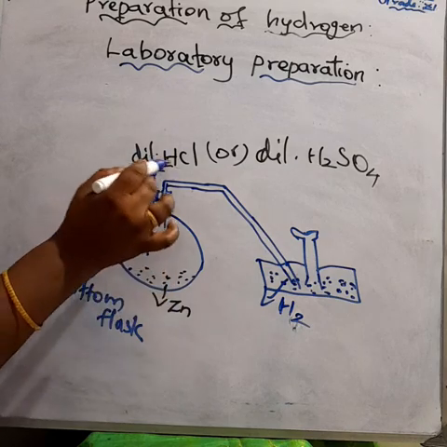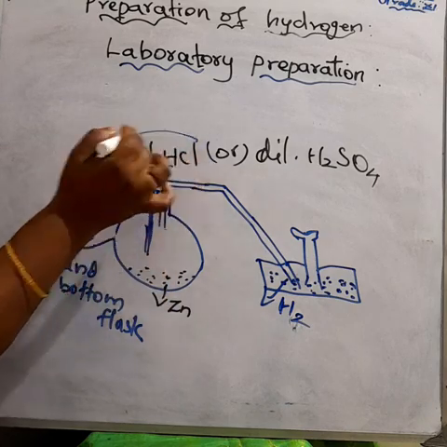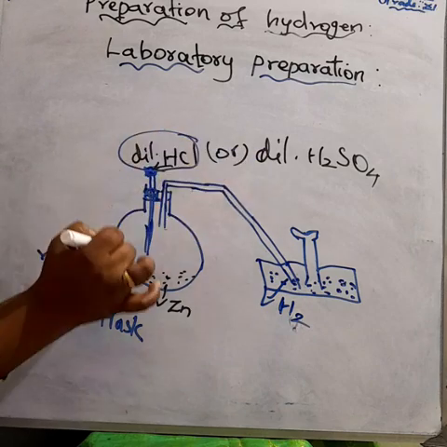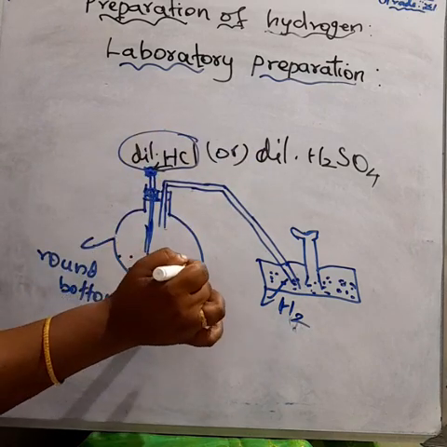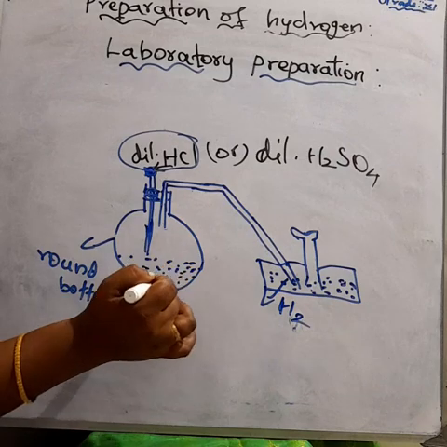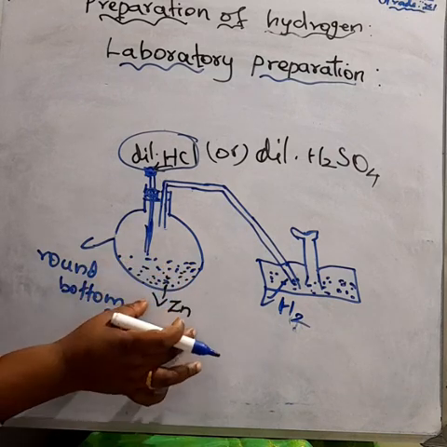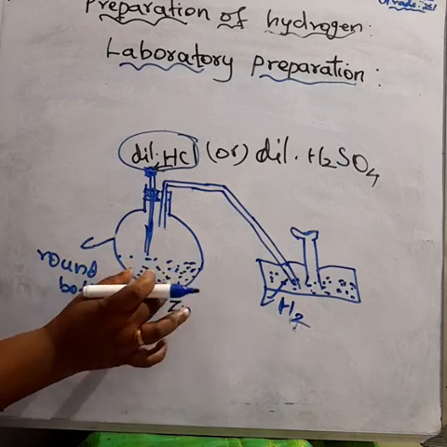Through the glass tube we pour hydrochloric acid or sulfuric acid into the round bottom flask, and we have already put in zinc metal, zinc dust.